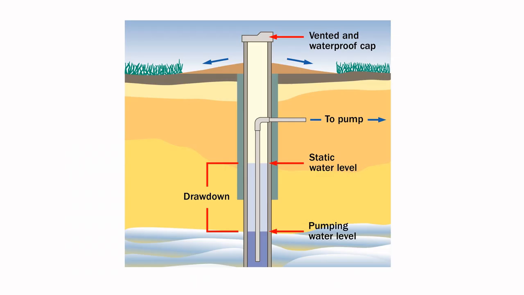There are three types of test depending on the type of information we need. We use these tests to understand the general behavior of an aquifer and also the well characteristics.